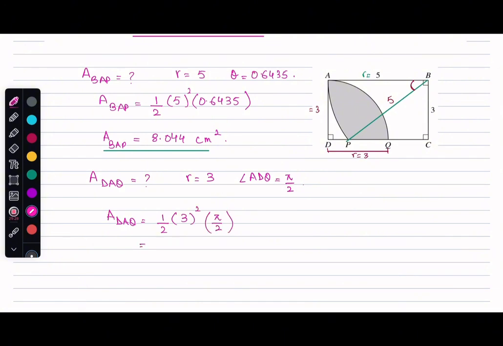That is 9 pi by 4, which gives us 7.068, so the area of DAQ is 7.07 centimeter square.